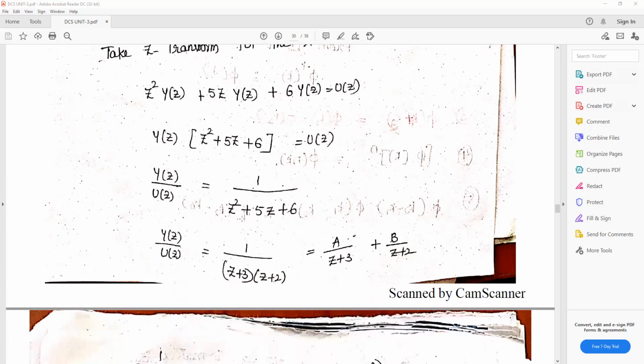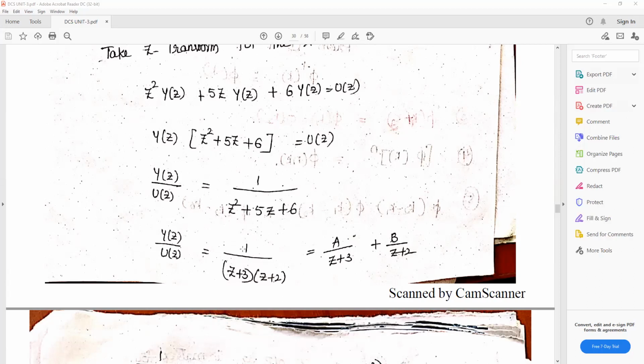So in the denominator, find the roots. Its roots are z equal to -3 and z equal to -2. It is (z plus 3) into (z plus 2). So a by z plus 3 plus b by z plus 2.